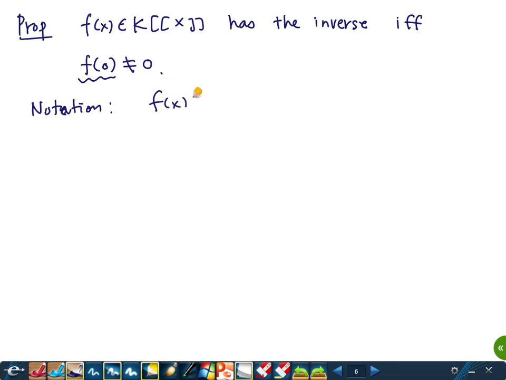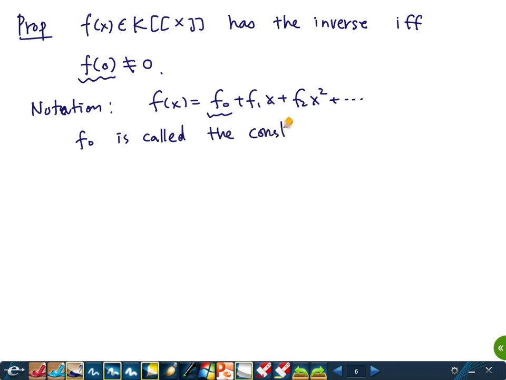Suppose that f of x is f0 plus f1 x plus f2 x squared plus ... Then f0 is called the constant term, and sometimes denoted just f of 0.